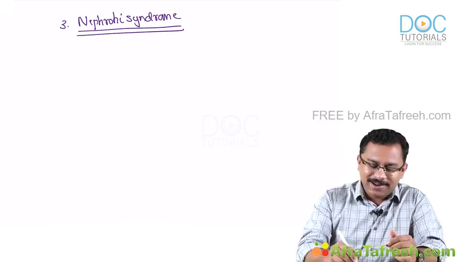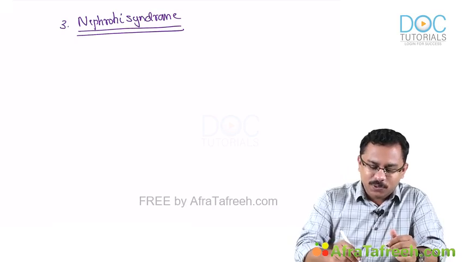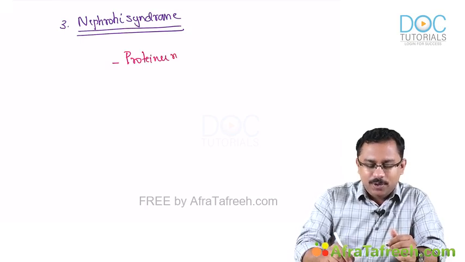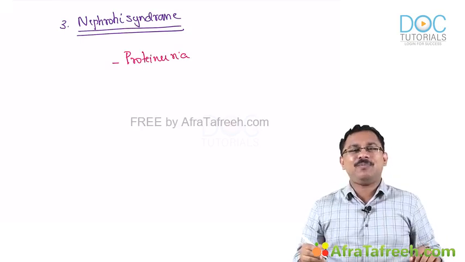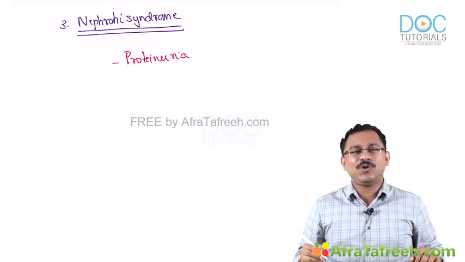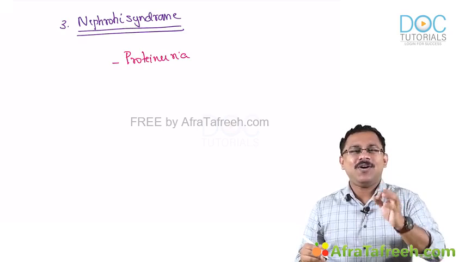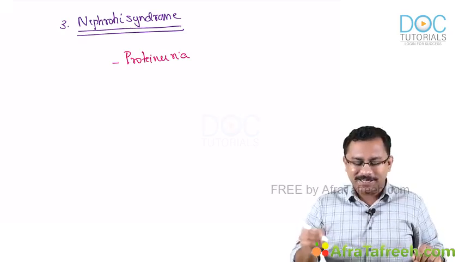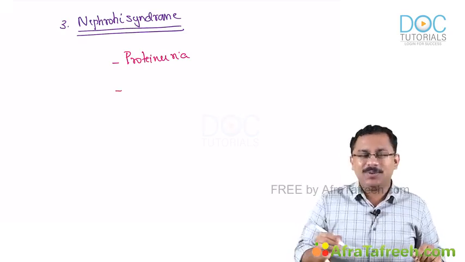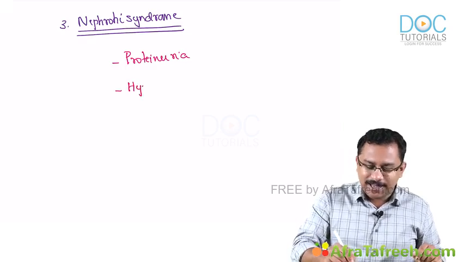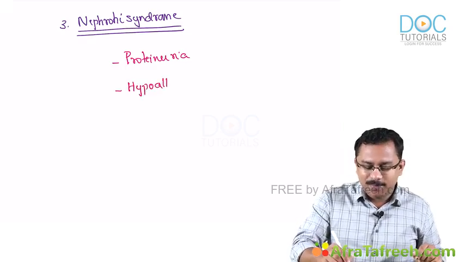When you have a nephrotic syndrome, one most important feature is that you will have proteinuria. I am going to teach you the 5 components of nephrotic syndrome, and to say that somebody has a nephrotic syndrome, all these 5 components should be present. One is proteinuria. Second is hypoalbuminemia.